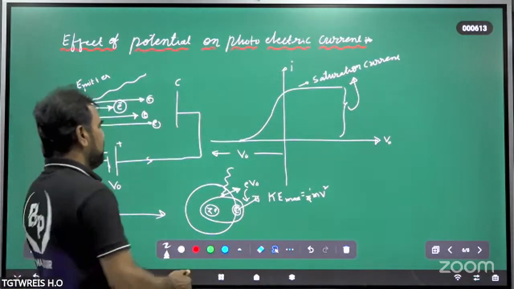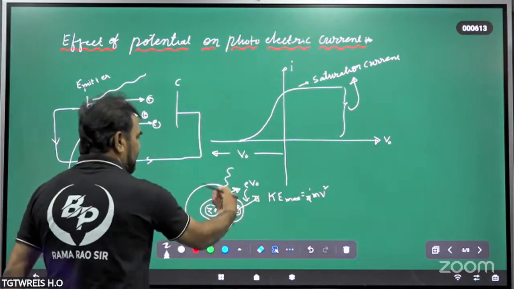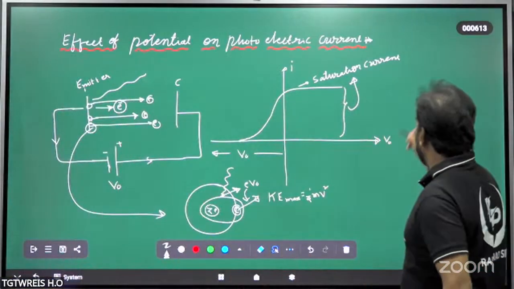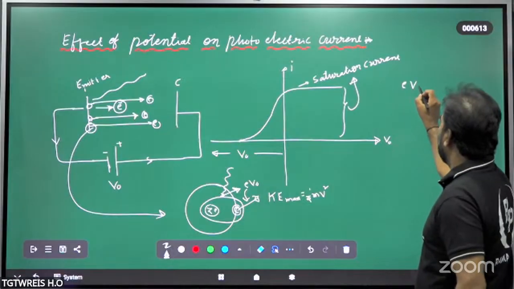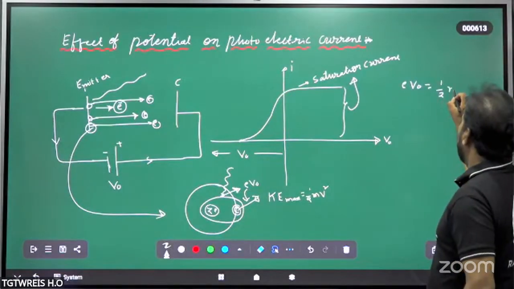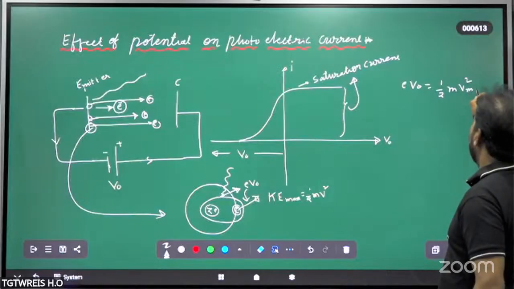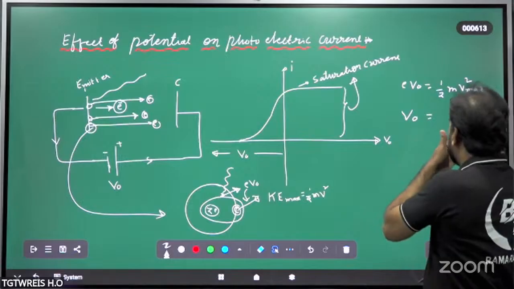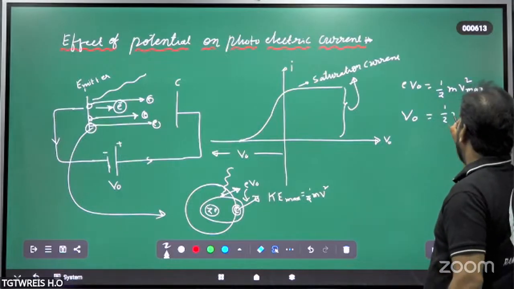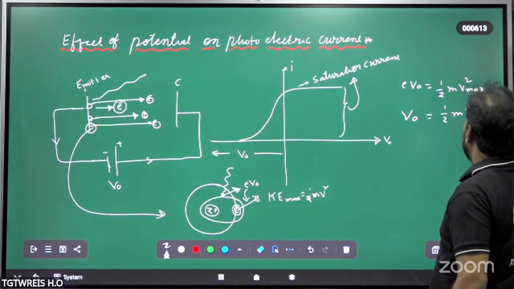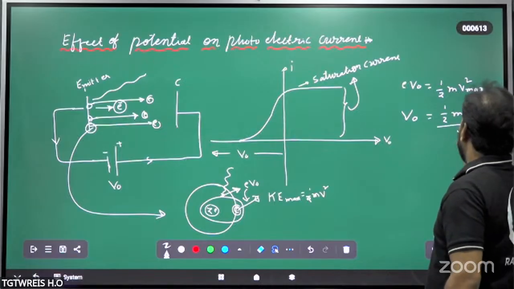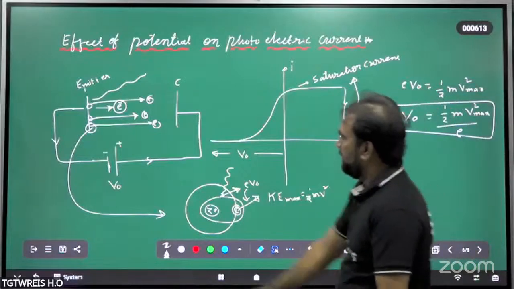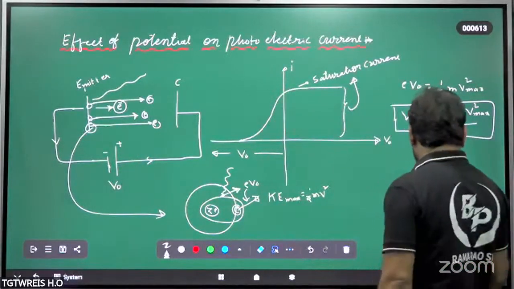According to the law of conservation of energy, the entire electrostatic potential energy is converted into maximum kinetic energy. Therefore, eV naught equals half mv squared max. So the potential can be written as V naught equals half mv squared max upon e. This is called the applied potential or stopping potential across cathode and anode.